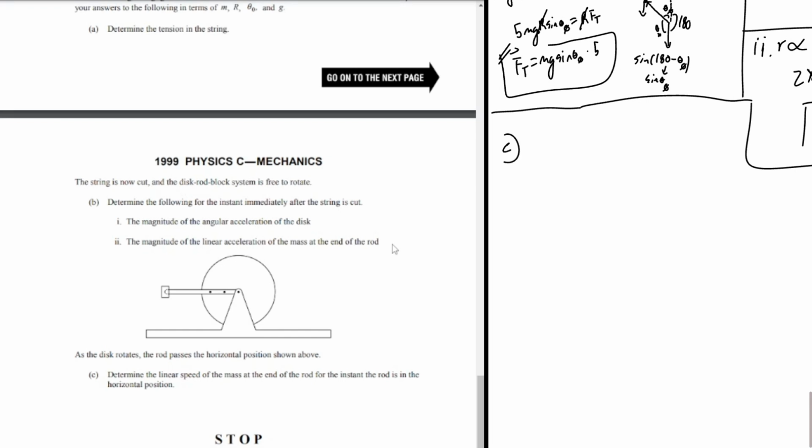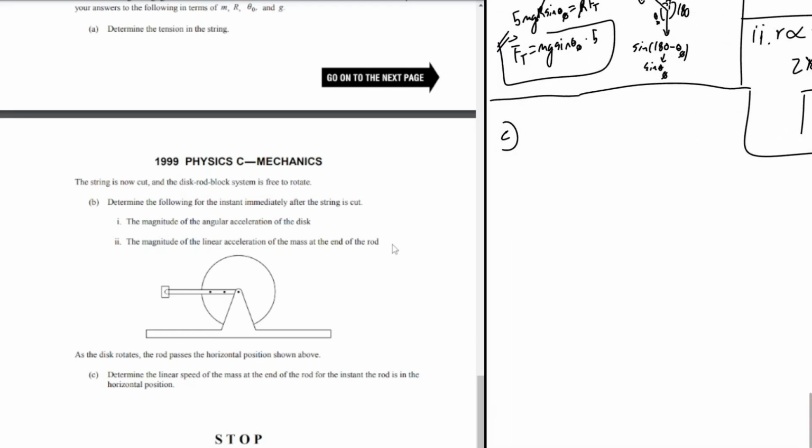Let's see. As the disk rotates, the rod passes the horizontal position shown above. Determine the linear speed of the mass at the end of the rod for the instant the rod is in the horizontal position. So since we found the linear acceleration, we could simply just say, we're actually going to do it that way because it's easier that way.